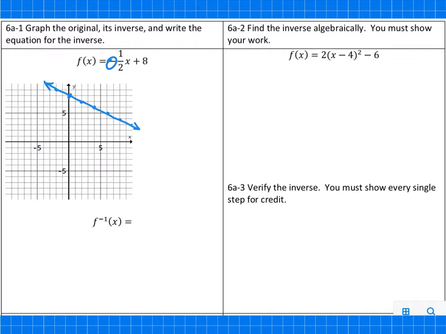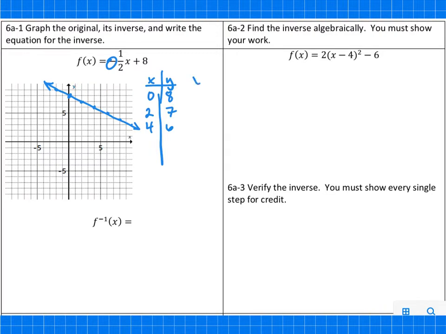I'm going to list a couple of those points, and I'm going to erase that in a second. But I have the points 0, 8, 2, 7, and 4, 6. For my inverse, let me erase those.